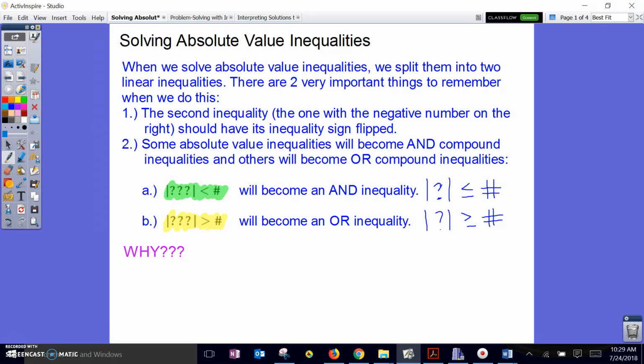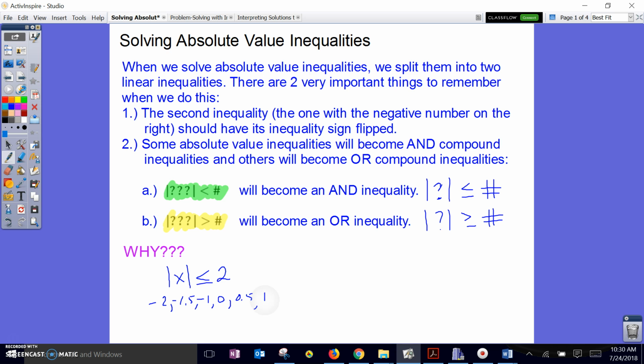Well, without even thinking about solving this, suppose I have an inequality like absolute value of x is less than 2. And let's make it less than or equal to 2. Now think about the numbers that make this inequality true. Basically, we need to take the absolute value of a number and have it be less than or equal to 2. And that includes numbers like negative 2, negative 1.5, negative 1, 0, 0.5.